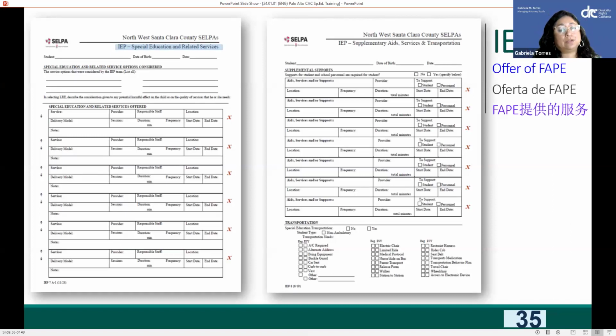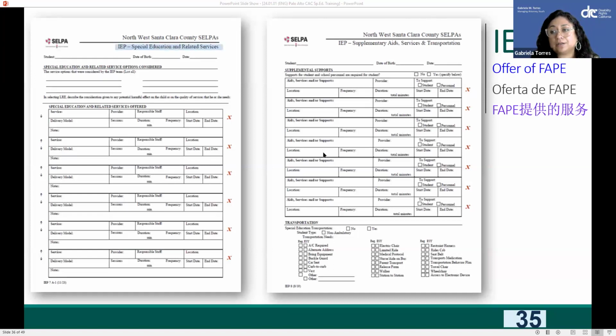It will say whether you're getting specialized academic instruction in small group, in one-on-one, in the large group, in a special day class, how many minutes of that you'll have a week. And it'll include all of the other related services as well, including counseling, adapted occupational therapy, speech and language. Any service will be provided there.